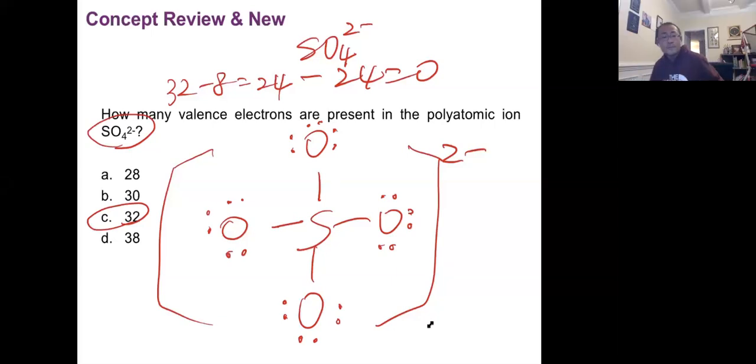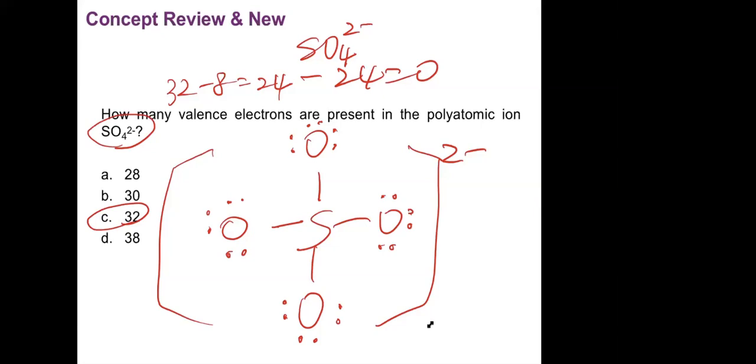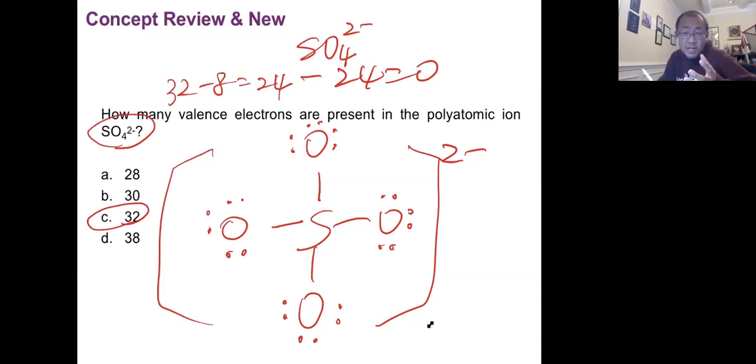All of the elements are satisfied. They have the right number of valence electrons, they have the right number of bonds. Do you still leave that 2 negative there so that it shows that it can bond with something positive? Yeah, this is an ion, so it is used to make ionic bonds with other positive ions.